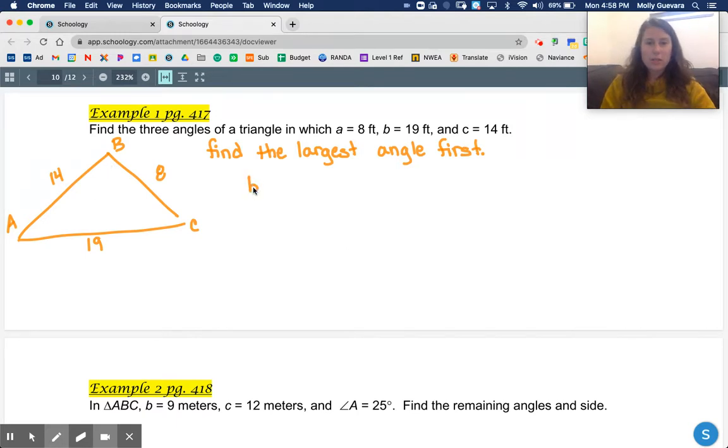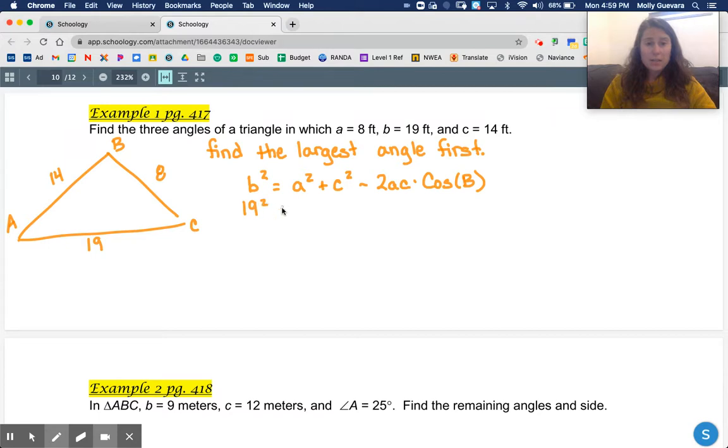So we're going to use b squared is equal to a squared plus c squared minus 2ac times cosine of B. This is the one that we're going to use because I'm trying to solve for angle B. And so I'm just going to start plugging things in.